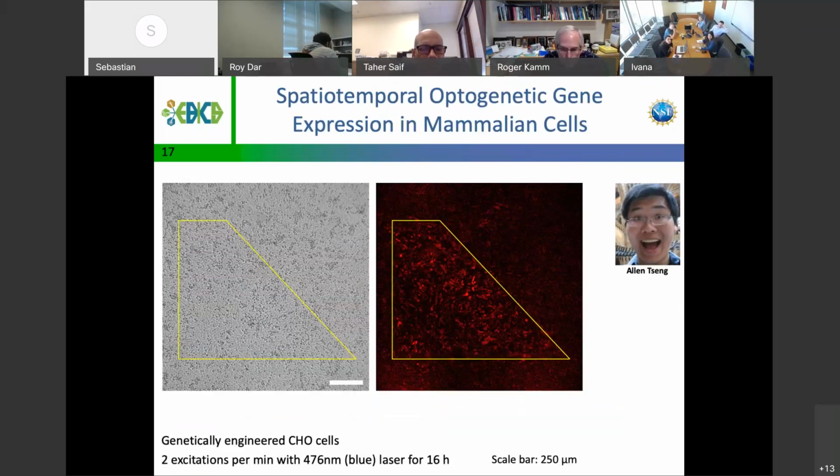And essentially, only in that region, or mostly in that region, you see an increase in mKate fluorescence, which is indicative of the ability of the light to activate gene expression precisely in that region of space. I think you might need to consider the cell movement.